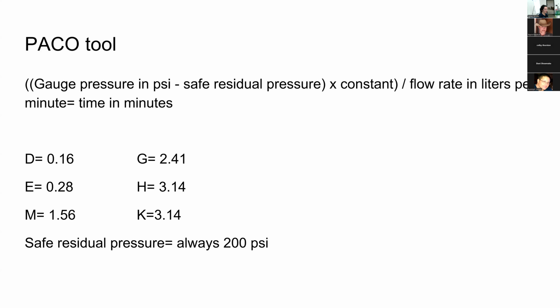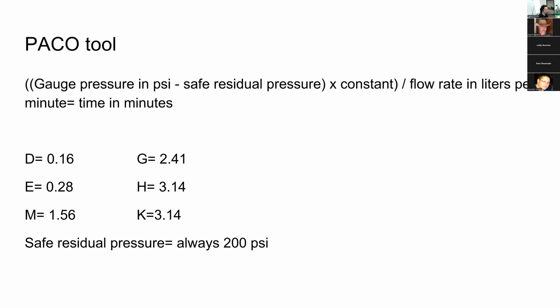So again, 1,000 PSI on your gauge, the D tank, and 15 liters per minute. We're going to take 1,000 and subtract our safe residual pressure of 200, and we're going to get 800. Then we're going to multiply that by our constant for a D tank.